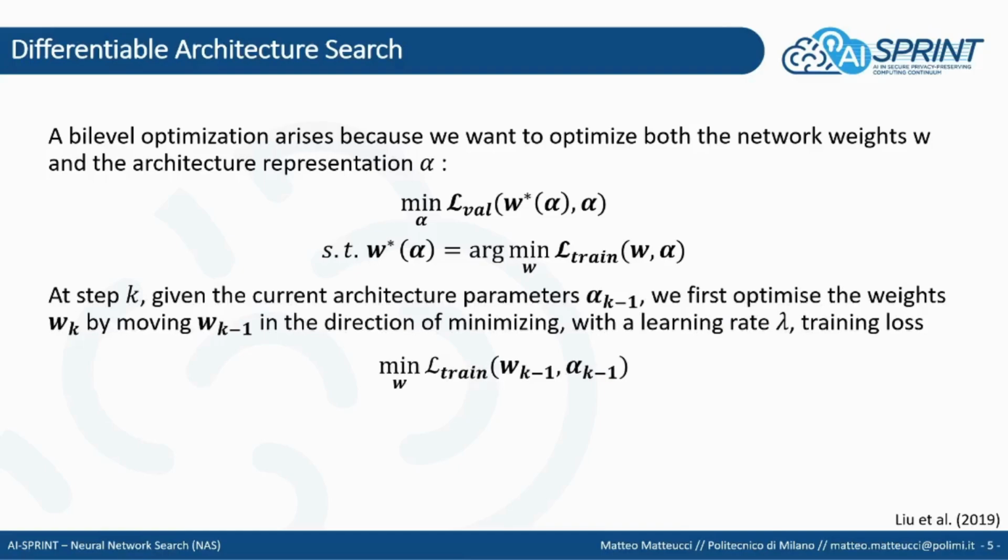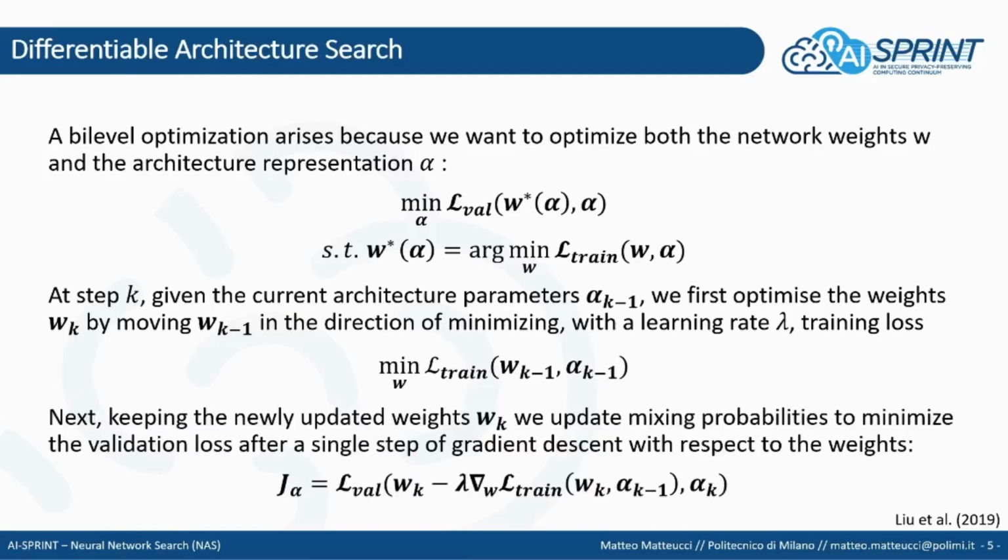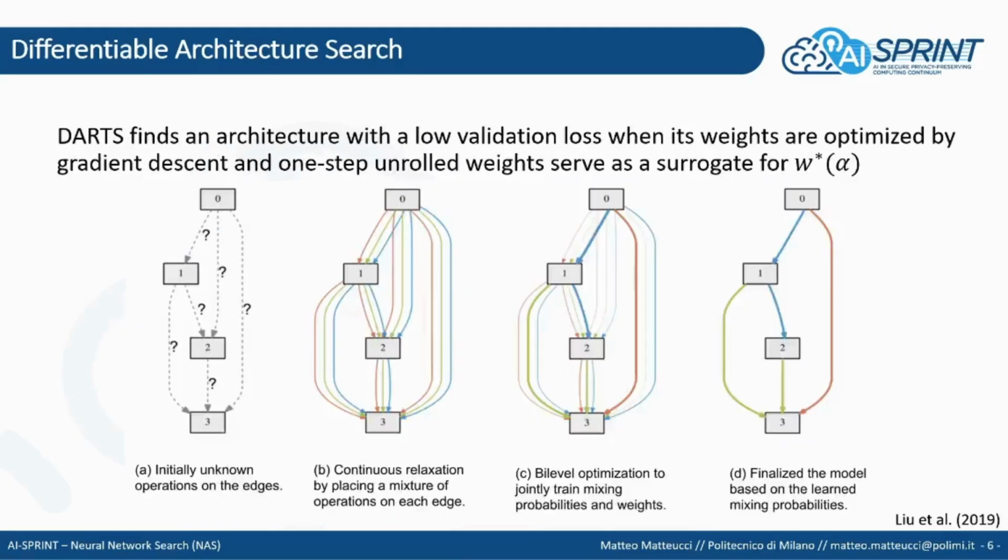So what we do, we optimize the weights. Once we have optimized the weights, we select the operators and then we iterate. Let's look at it with a picture. Let's assume we have this network and we would like to combine nodes 0, 1, 2, 3. At the beginning, we connect all the nodes together. What we have to learn is which one between the red, green, and blue paths has to be selected in the final architecture.